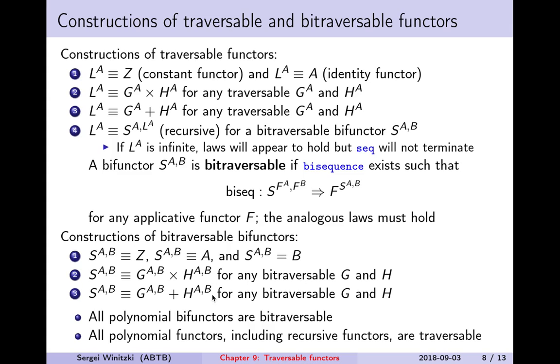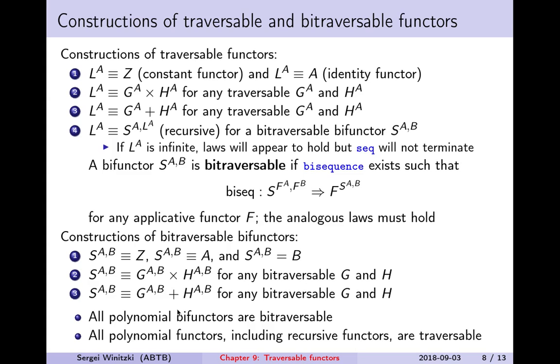And so all bitraversable polynomial bifunctors can be used in this construction. I'm not going to go through proofs for these bifunctor constructions. They're pretty much the same as the proofs I went through, except you have more type parameters to worry about. But implementations are exactly the same.